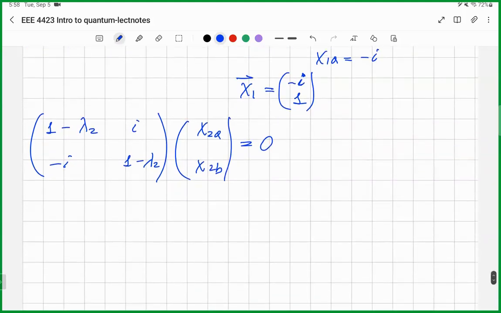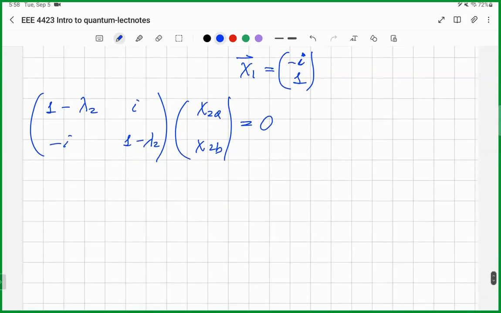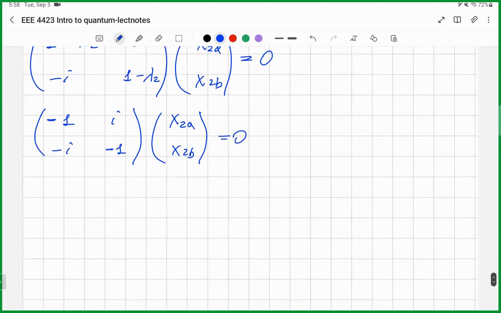So this is the equation for the second eigenvector. We substitute 2 for the lambda 2. It gives us minus 1 here, i, minus i, and minus 1 here. x2a, x2b equal to 0.